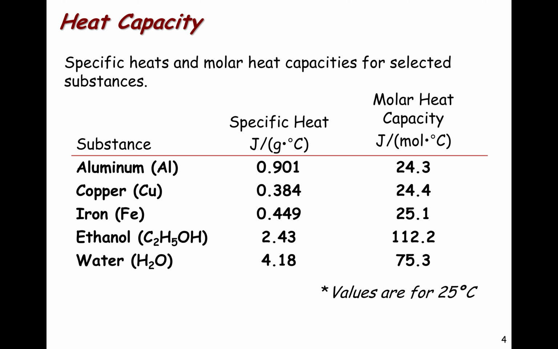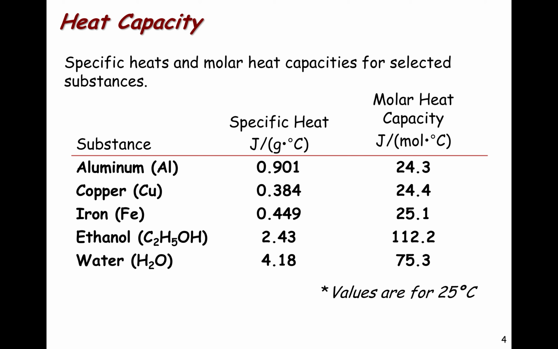Shown here are some heat capacities, both in terms of the molar heat capacity values and the specific heat capacities. And you'll notice that in the case of the three different metals, they tend to have pretty low heat capacities. It doesn't take a lot of heat to cause a temperature change for a metal.